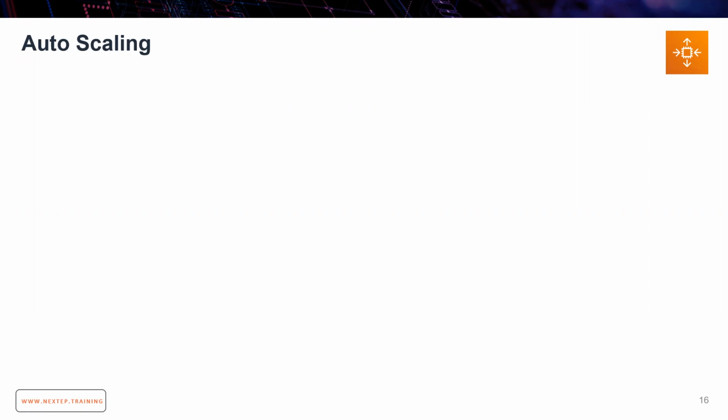So let's say that you have a web application running on a bunch of web servers, and you found out that each web server can take 100 concurrent requests. So let's say you have 2 web servers out there. That means you can take 200 concurrent requests.